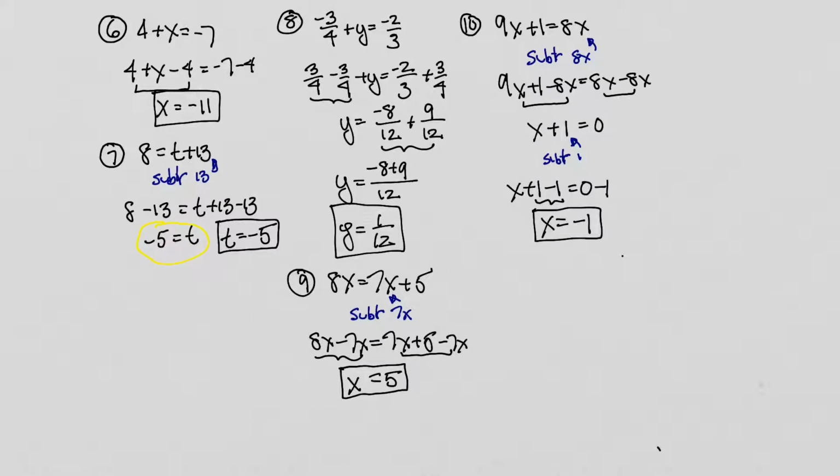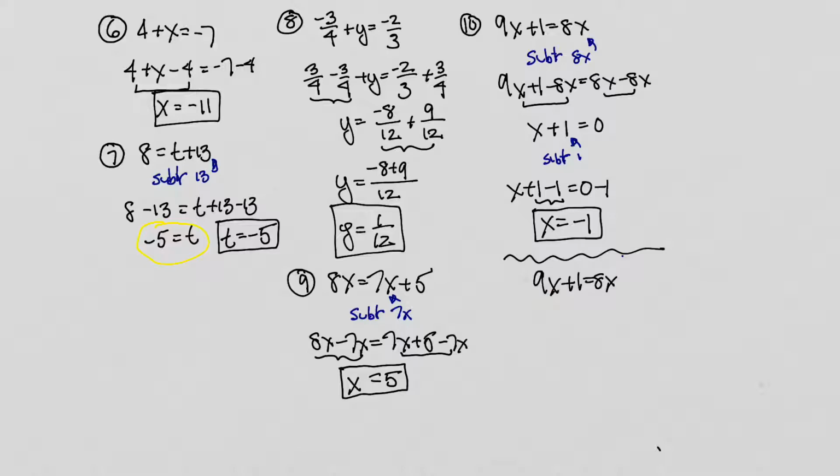Now, here's another way. You know what I'm going to do here, I'm going to rewrite this thing. Just another way to do it. 9x plus 1 equals 8x. What if I got all the x's on the right side? So if I get these x's on the right side, here's what would happen. I've got 9x's over here. Let's get rid of the 9x's.